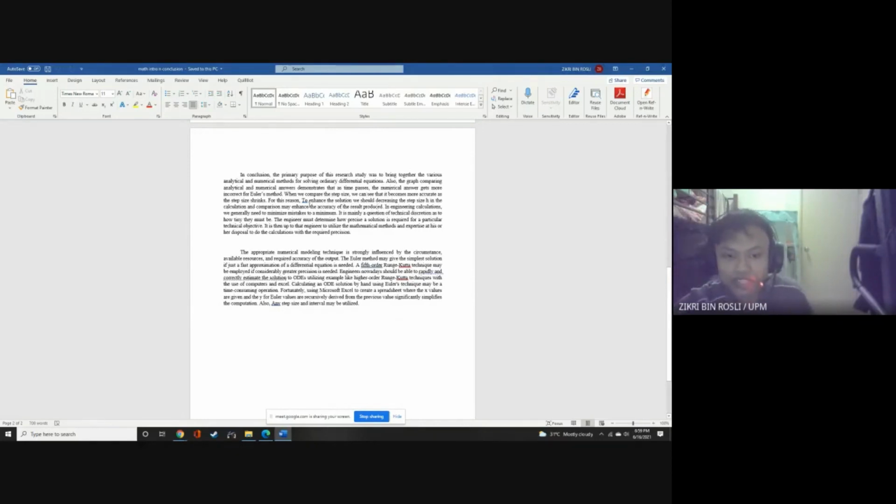So to improve the solution, we should decrease the step size h in the calculation and comparison. Like we saw that the 0.5 step actually still has a lot of error, but we will try to do a 1.5 step.